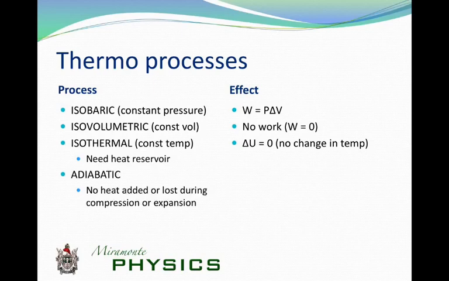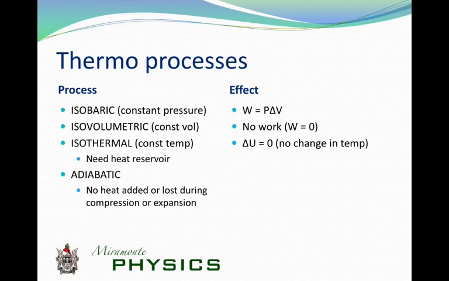And then finally, we have an adiabatic process, and this is the one that has a weird word. There's no iso in it. An adiabatic process is a process where no heat is added or lost during a compression or expansion. So think like a thermos. When you have a thermos and you do some sort of process, heat is not allowed to push in or escape.